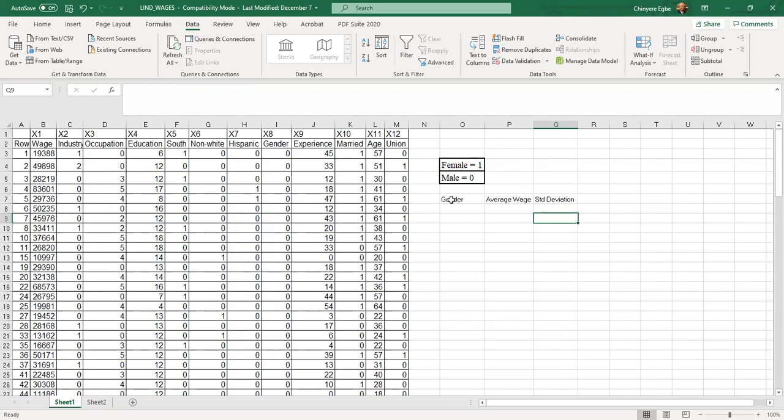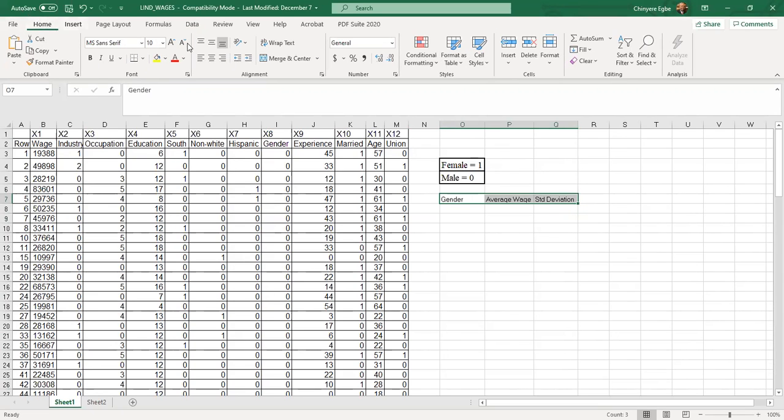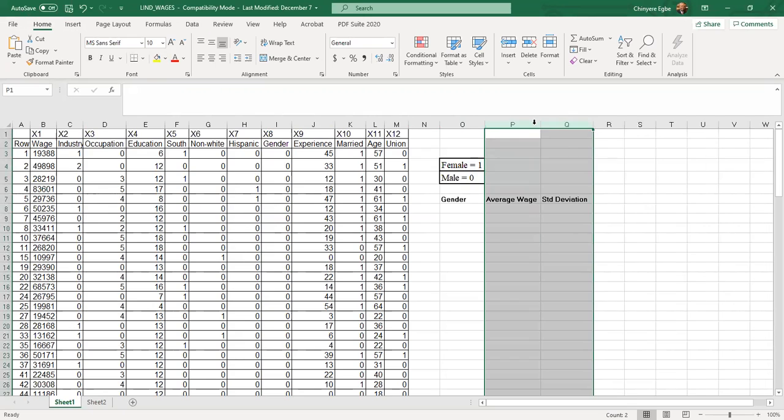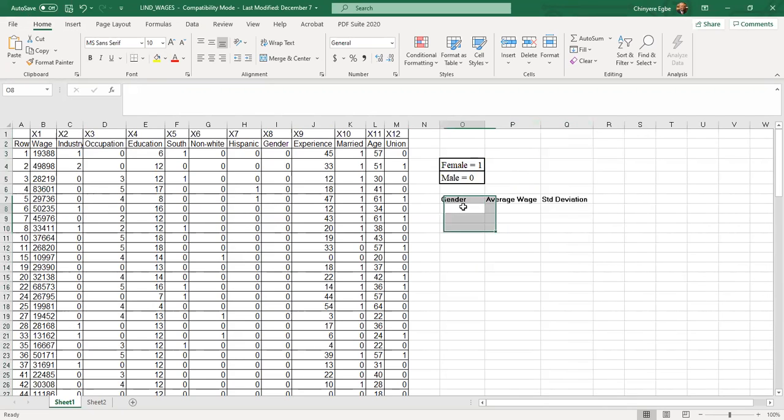We had gone through this before earlier in this class, but we'll do it again. So you have a table. The gender here is male, female. And how do you calculate the average wage?